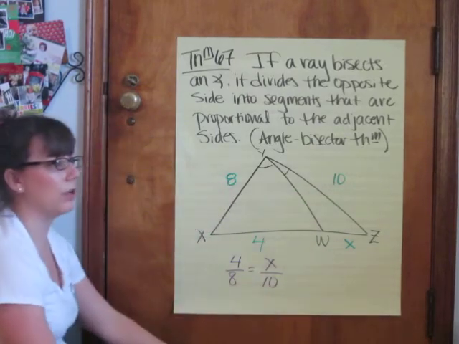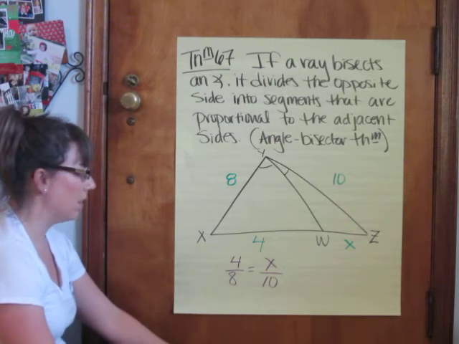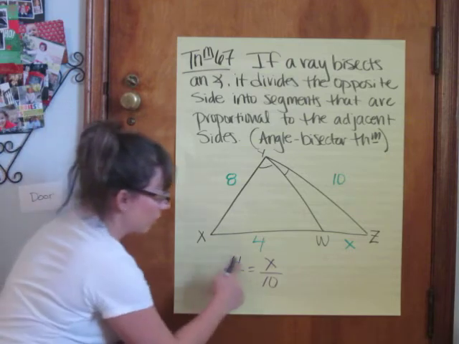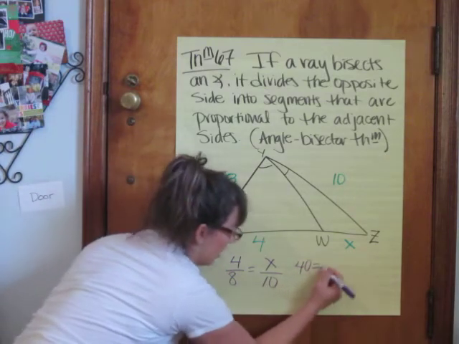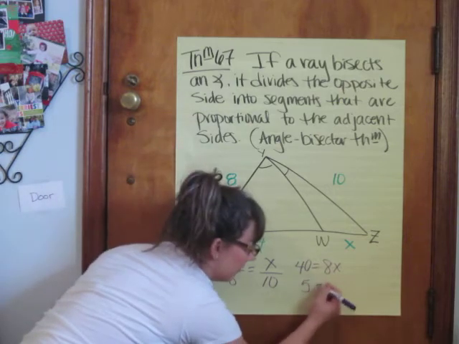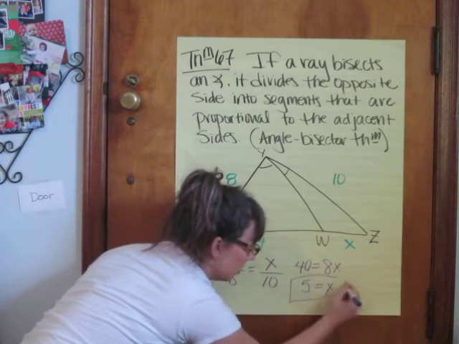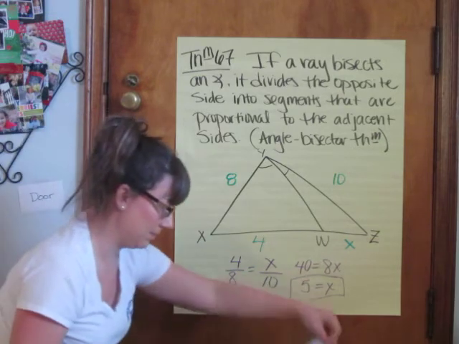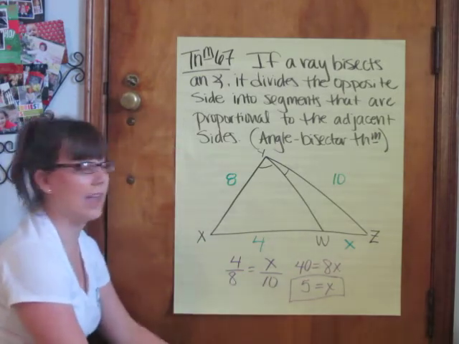Well, that's just simple cross product, means extremes product theorem. Just cross multiply and solve the bad boy. So 4 times 10 is 40, and 8 times X is 8X. Divide by 8, and 5 is equal to X. Voila, the angle bisector theorem. And there you have it.